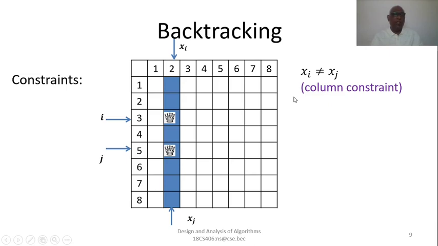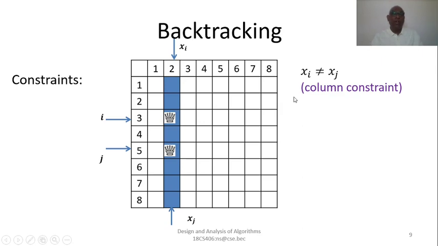Of course, three constraints are to be solved, but the first constraint is trivial because we say that each queen is placed in a different row. So because each queen is placed in a different row, we can ignore the constraint that two queens cannot be in the same row, because by default we develop the solution by assuming that each queen is placed in a different row.